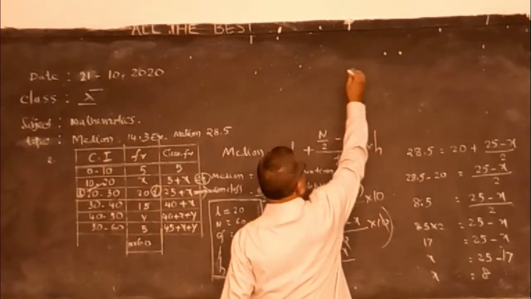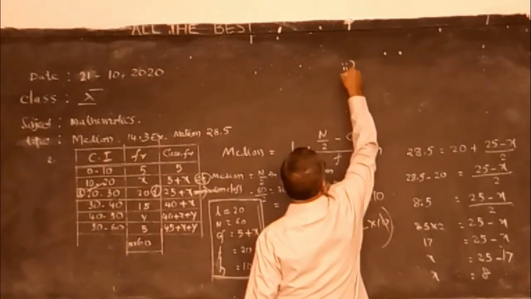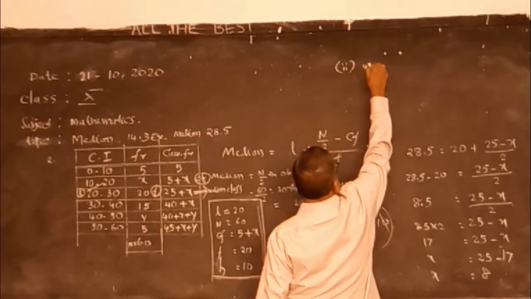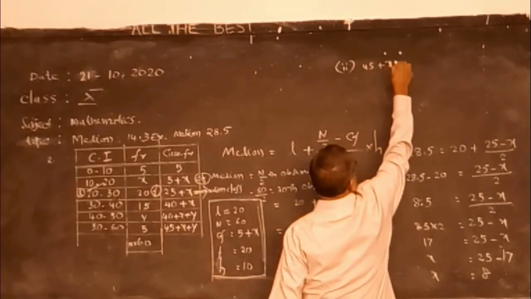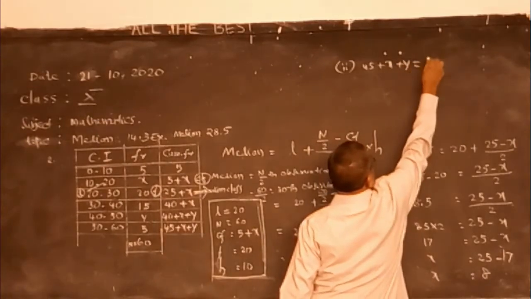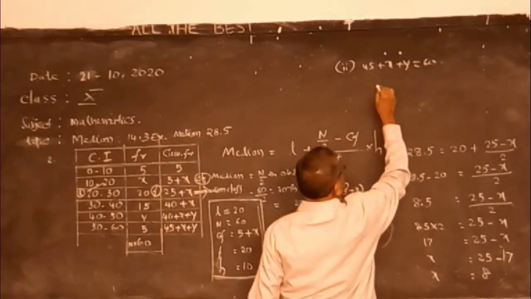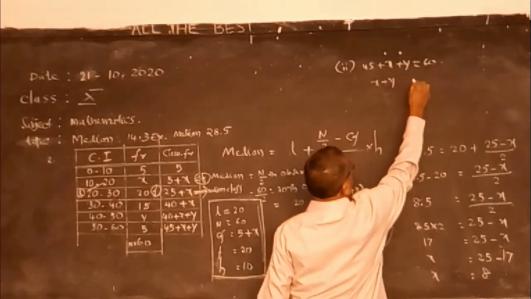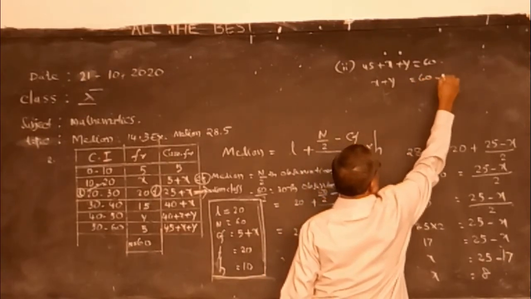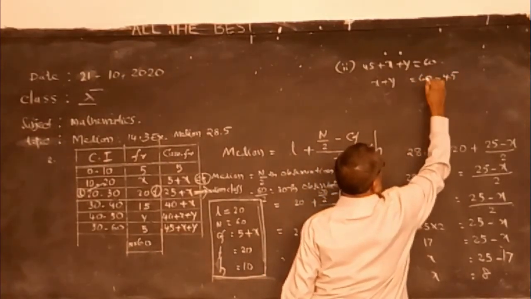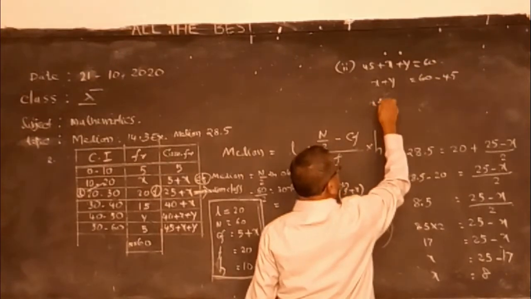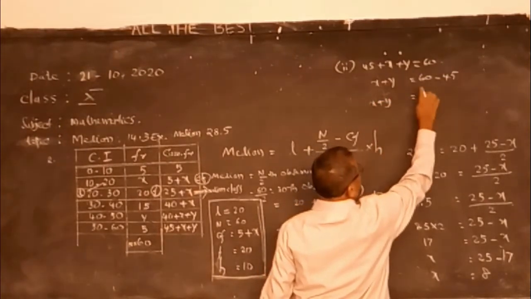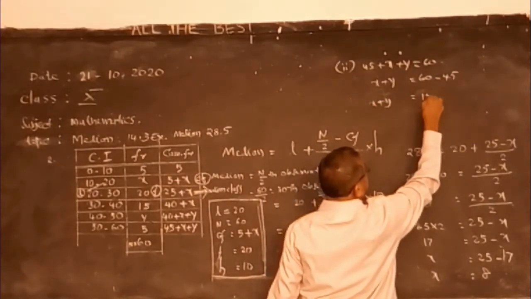So x plus y is equal to 60 minus 45, that is 15.